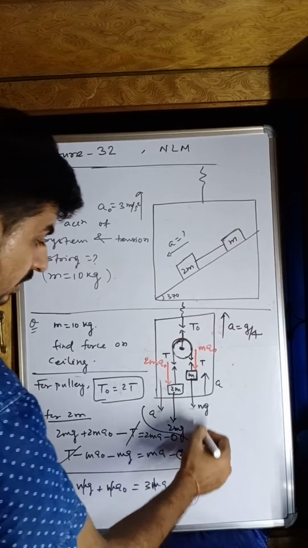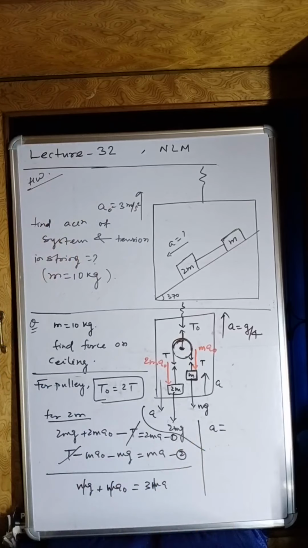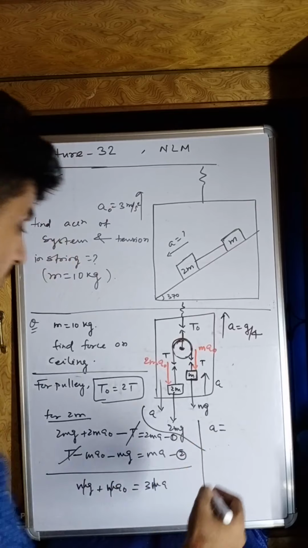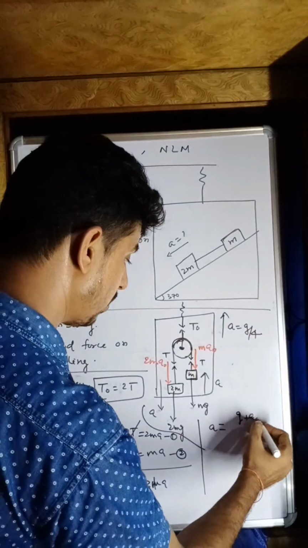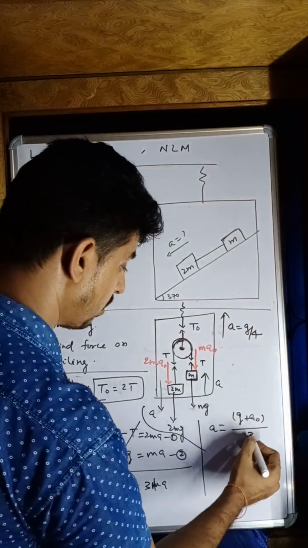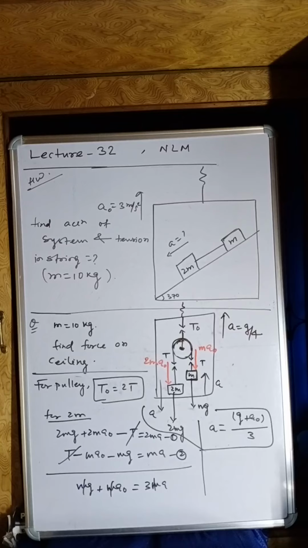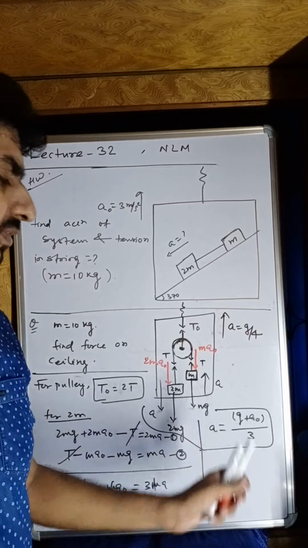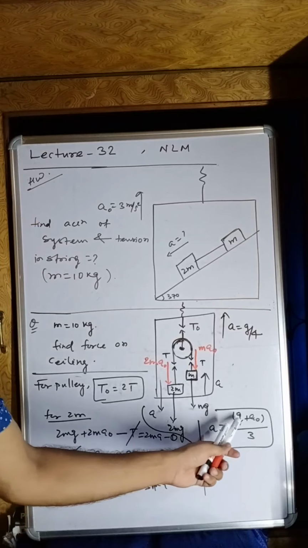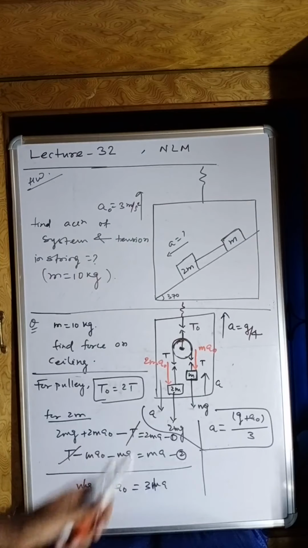So a will be equal to how much? You can see it is g plus a naught divided by 3. If you put in all the values, g equals 10 and a naught equals 2, divided by 3, then you can find the value of a.